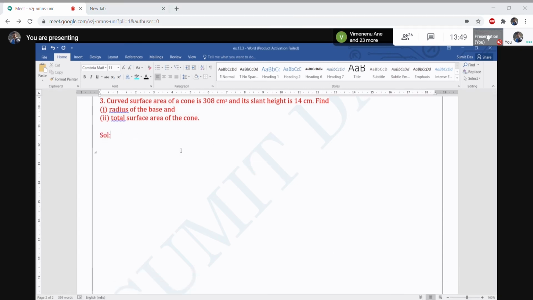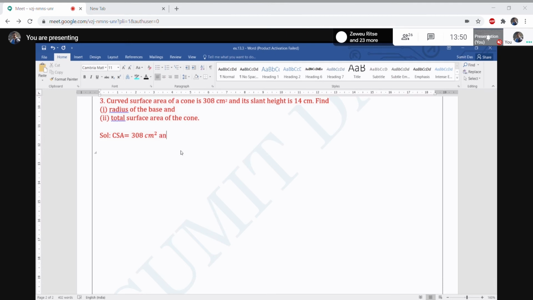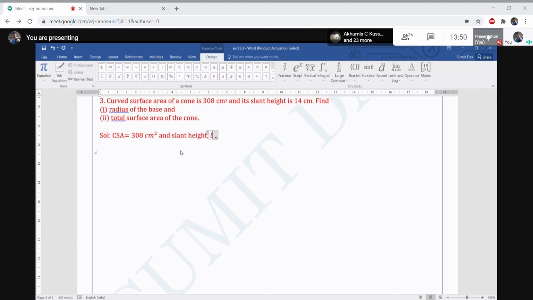First, whatever is given: CSA is equal to 308 centimeter square and slant height L equal to 14 centimeter.